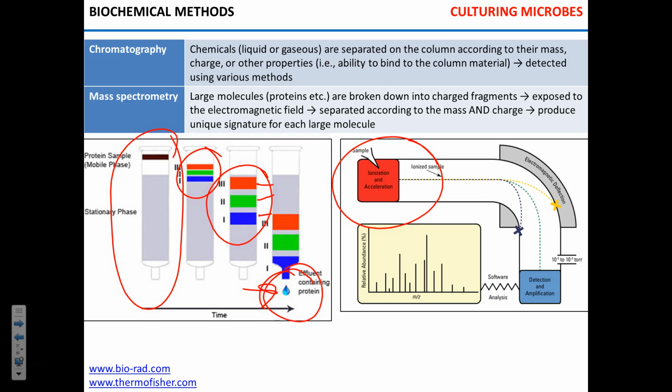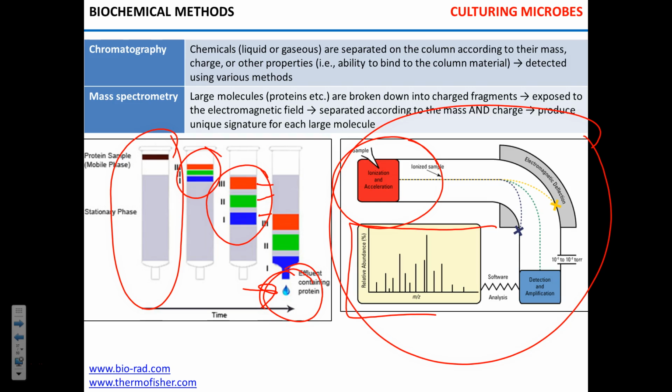How is it applicable to microbe identification? You can do it to the whole microbial cell. You can take a cell, break it in pieces, stick it into this machine, turn it on, and it will give you a graph like that. That will show you how many of each piece you have and where they are located based on their mass. By itself, it's not informative.